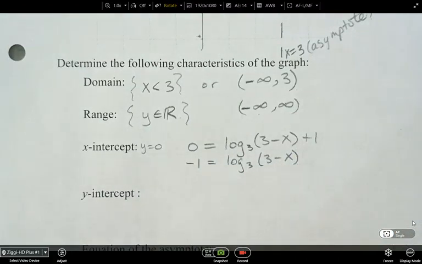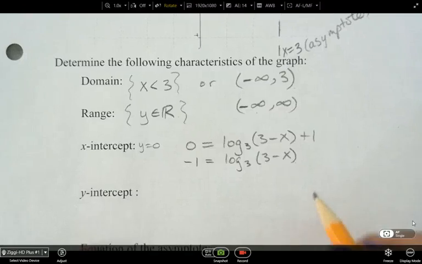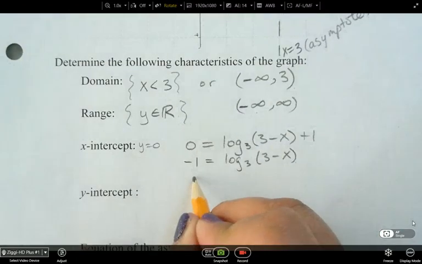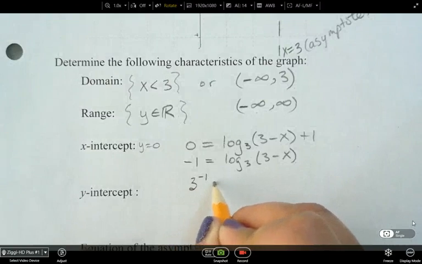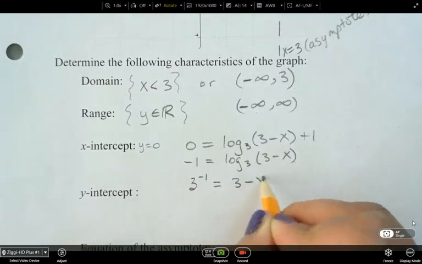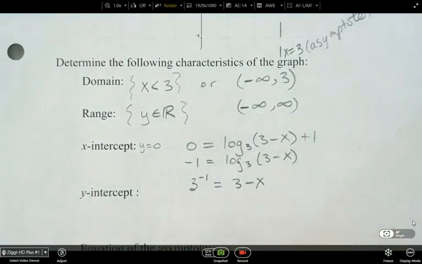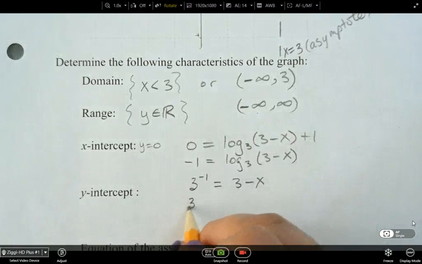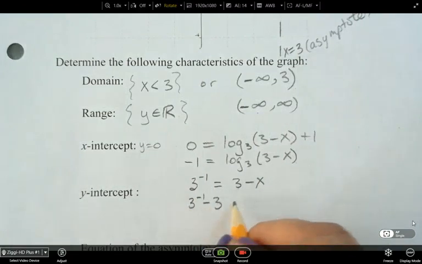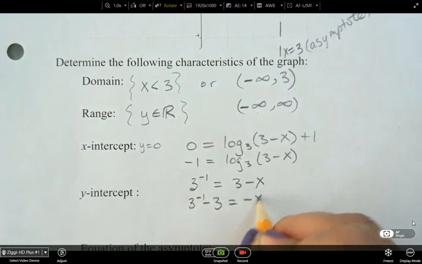Now let's convert this so that I have it in which form? So yeah, let's switch it around to exponential form. So what does it become? 3 to the negative 1 equals 3 minus x. Okay, so now I'm going to solve for x. So I've got 3 to the negative 1 minus 3 equals negative x.